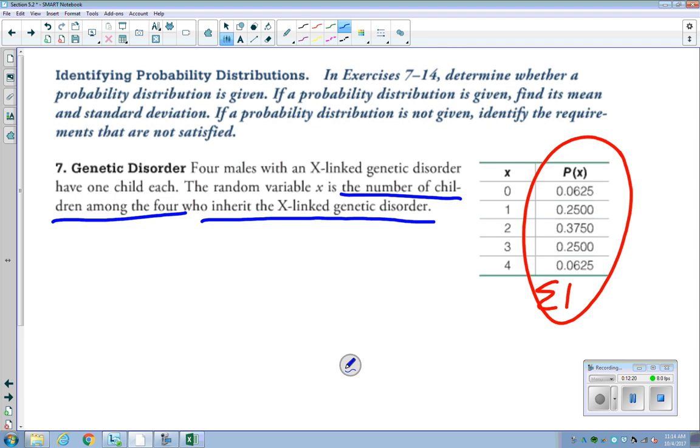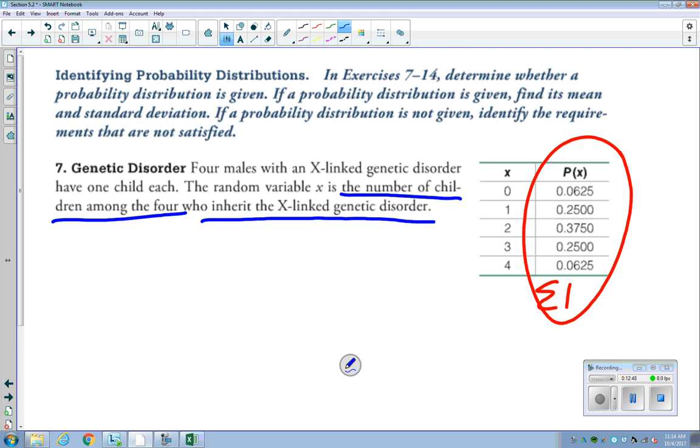In other words, 6.25% chance. The probability that there's exactly 1 of those 4 children with that genetic disorder is 0.25 or 25%. For 2 of them, 37.5%. For 3 of them, 25%. And for all 4 of them, 6.25.